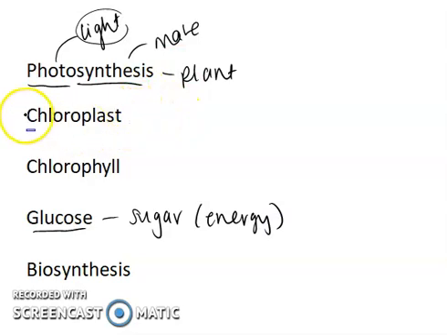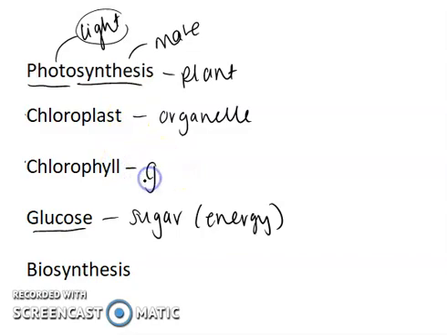The other two key points up at the top, we've got chloroplast, which is an organelle, and this is a structure which is found inside a plant cell. If you're unsure about organelles and plant cell biology, I do have a video which revises that, so you can go and click on that afterwards. Chlorophyll is a green chemical.